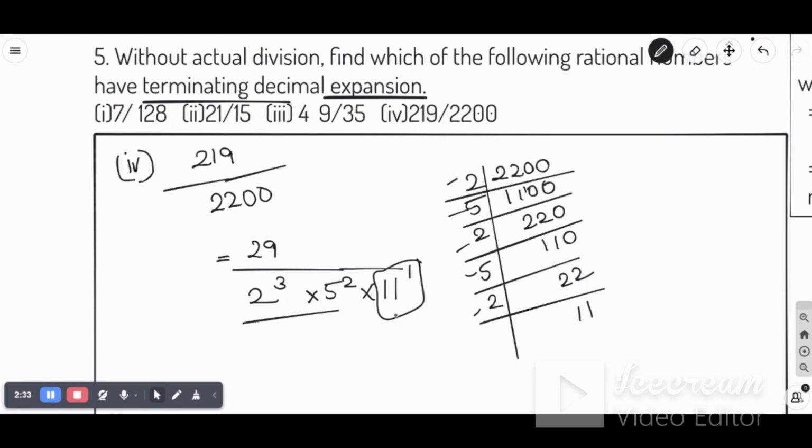Even though you have got this, you have got an additional one. You shouldn't get an additional one. Either you should get it in terms of 5 or 2 or both, but not any other number. So this is non-terminating again. So please be clear: you should get 2 and 5 powers only in the bottom, or either one of these, not others. Thank you for watching. Bye.